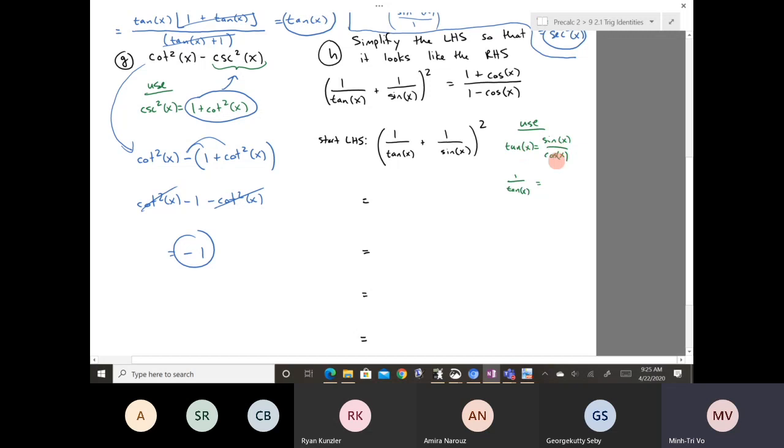So tangent is sine over cosine, but 1 over tangent is the reciprocal. So 1 over tangent is cosine over sine. Okay, so that's what I'm using here. So this becomes cosine over sine.